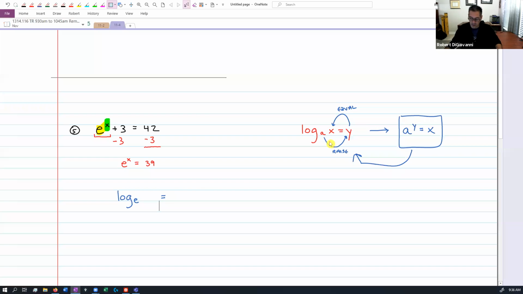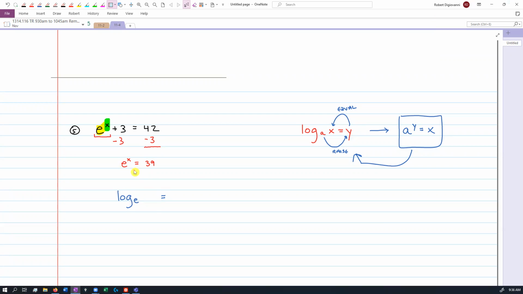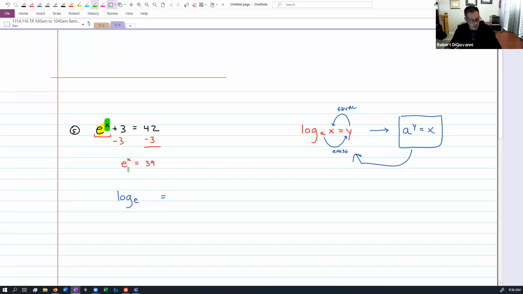And then what I like to do is put an equal sign. I think about this loop here. I'm going to have to take that and raise it to some power. So what is that e being raised to here in this equation? Is it 39? Well, look at the e.